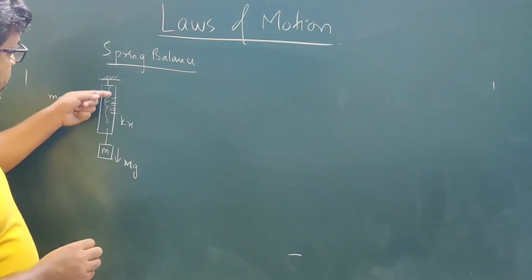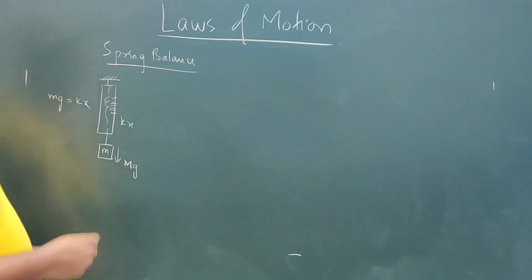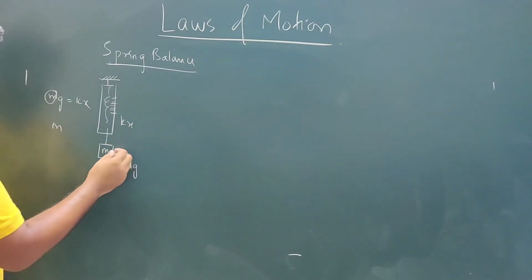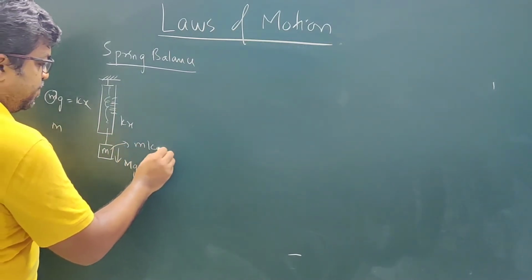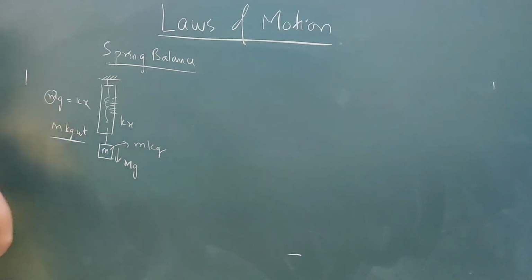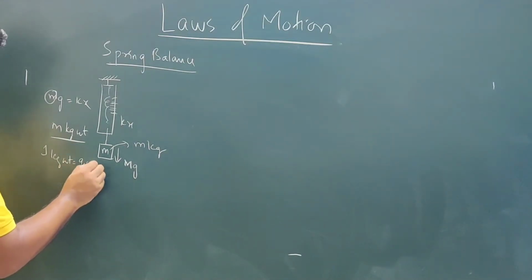Okay, and the scale will be calibrated, and from that we can say that corresponding to this mass, suppose the mass is some m kg, the weight will be m kg weight. Where we know that 1 kg weight is equal to 9.8 Newton.